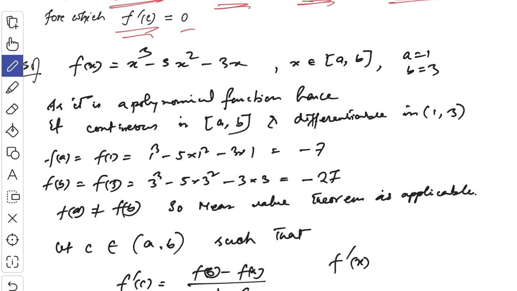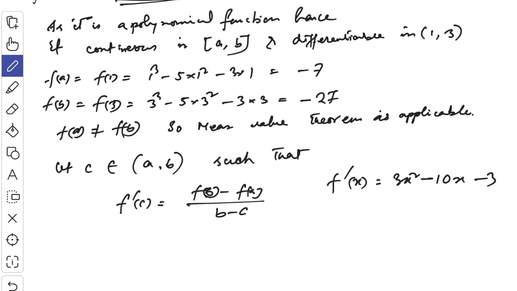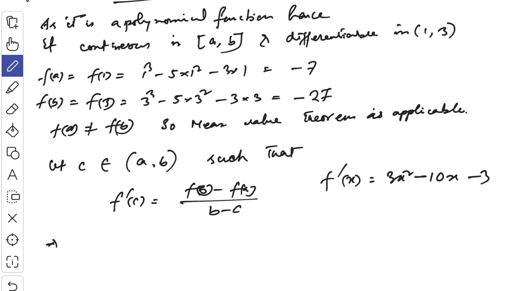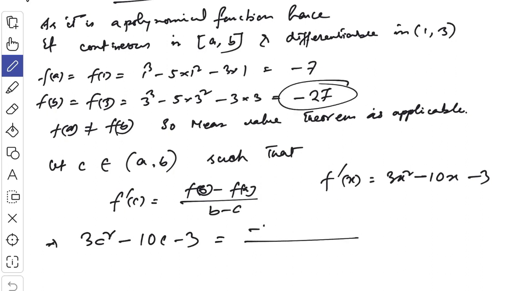If you differentiate this function, you will have 3x square minus 10x minus 3. So for c, you will get 3c square minus 10c minus 3, and f of b we have got minus 27, then minus f of a which is minus 7, so here it will be plus 7 now.